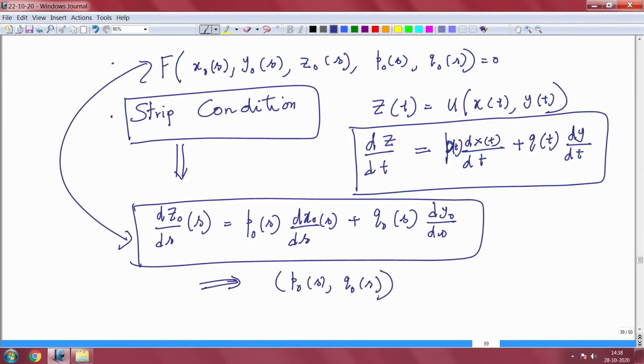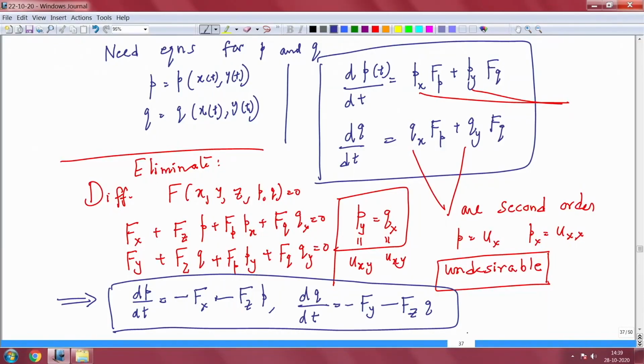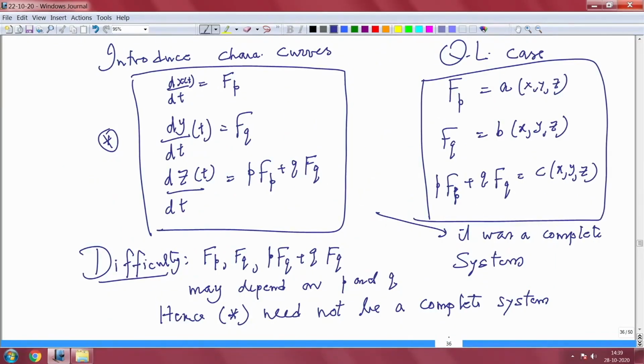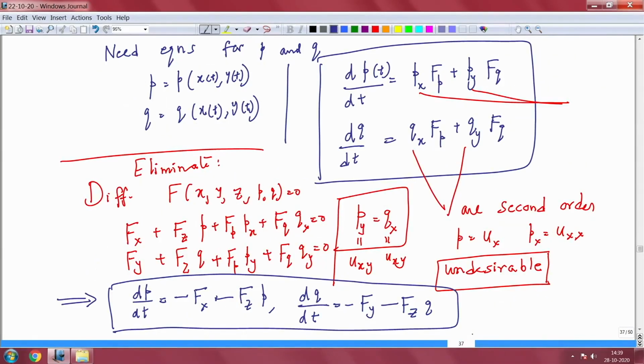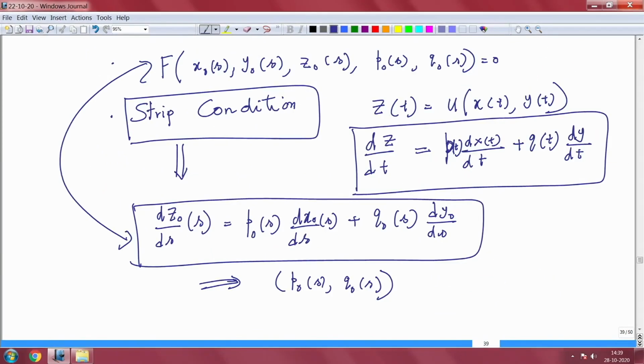So in principle, if you look at it, you have 5 equations: 3 equations for x(t), y(t), z(t), then 2 equations for p(t), q(t). These 5 equations you have to solve to get the characteristic strips. Then 3 initial conditions are given and 2 initial conditions are obtained, if all this can be solved.